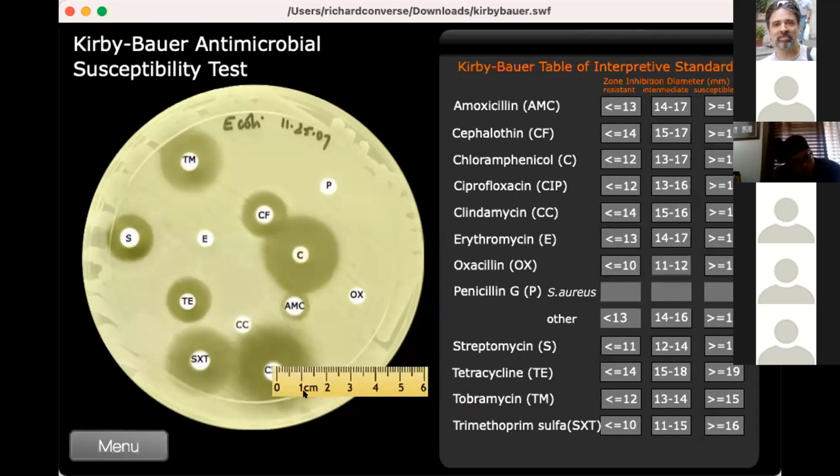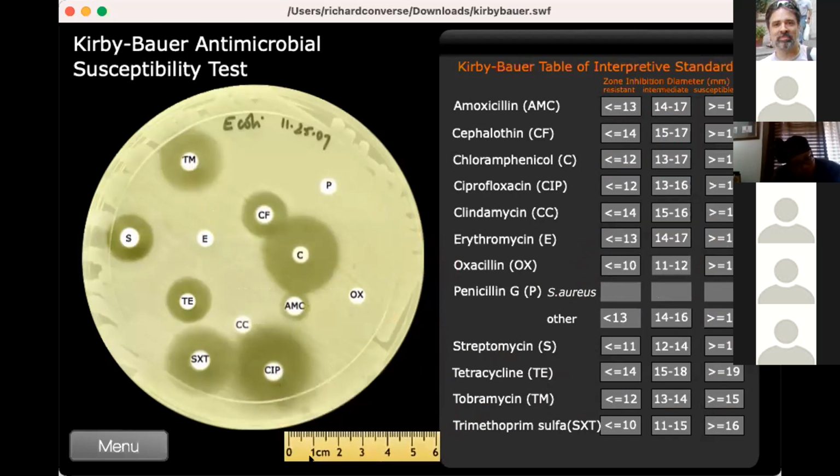There's your standards for resistant, intermediate, and susceptible, right? And then you just measure with your ruler by grabbing it and moving it around, what you actually got on the plate, right? And then you compare those numbers to these numbers, and then you determine whether you're sensitive or resistant or intermediate by just clicking the box, okay?